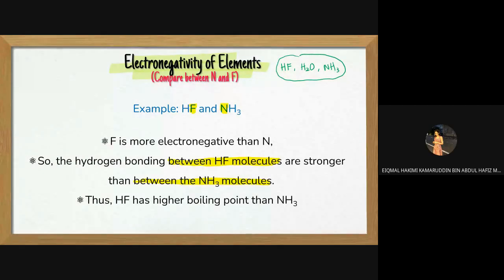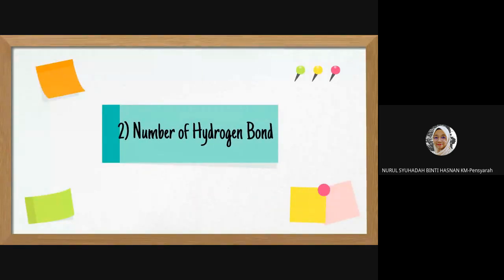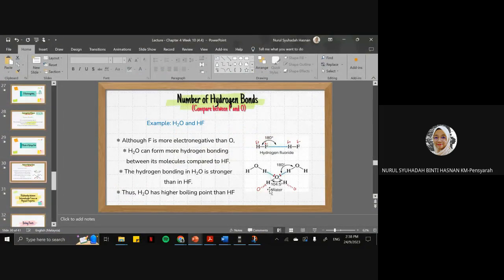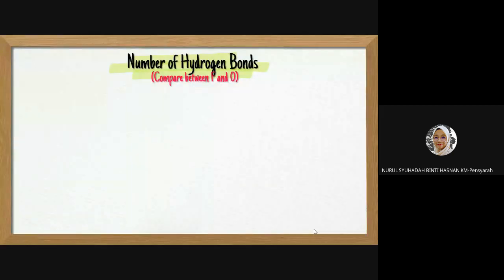Clear, madam. Alright. The next one, untuk hydrogen bonding, we're going to look on the number of hydrogen bonds. Okay, sekejap ya. Yang ni saya lupa nak edit punya. Saya delete dulu. So untuk number of hydrogen bonds, kita akan compare between fluorine and oxygen dekat sini.